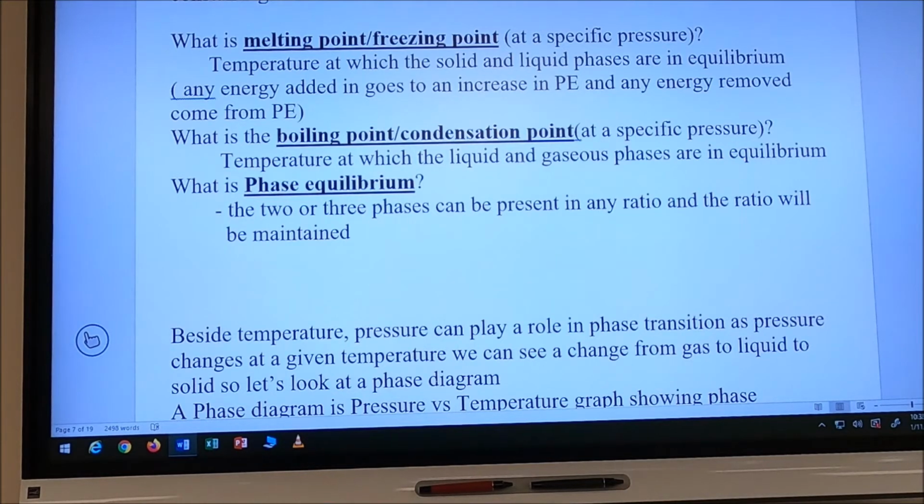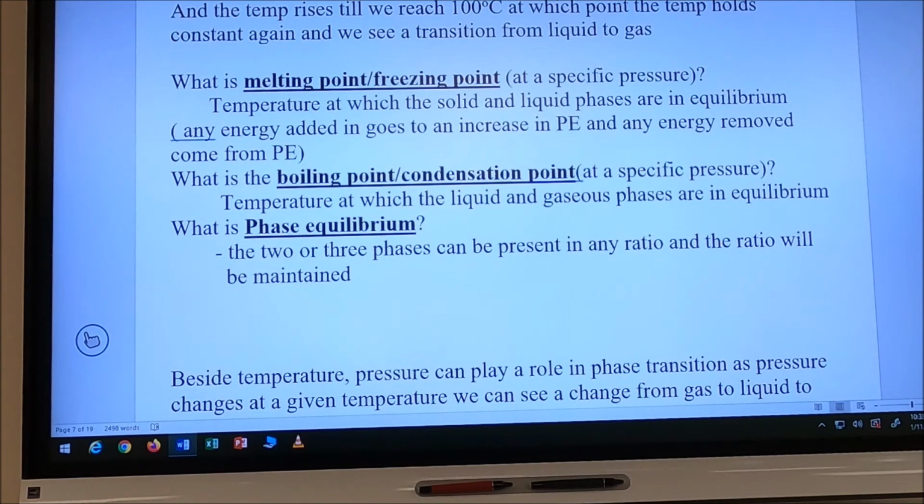Now, boiling point, condensation point, at a specific pressure, is the temperature at which the liquid and gaseous phases are in equilibrium with each other. At the boiling point, condensation point, if you add energy in, you're going to go from liquid to gas.